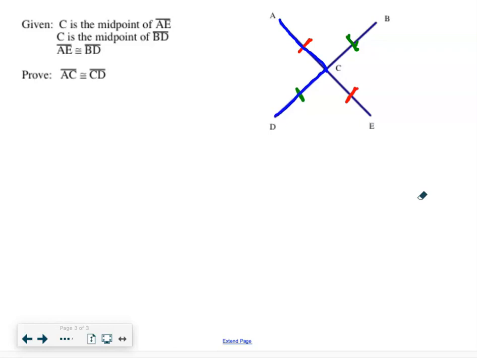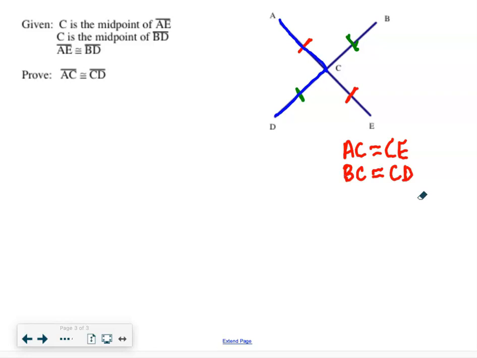All right, let's formulate some things here. So if I write out the first one, if C is the midpoint of AE, I know that AC is equal to CE. If C is the midpoint of BD, then BC is congruent to CD.